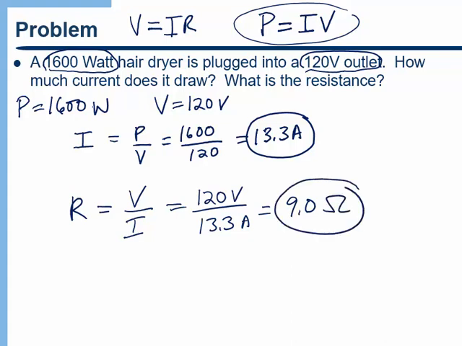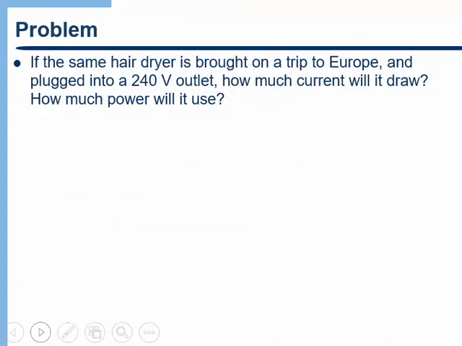All right, we're going to take a trip with our hairdryer. So we take our hairdryer and we take it on a trip to Europe. Now it turns out in Europe, the voltage is not 120 volts at the outlet, it's 240 volts. And that's true of many areas in the world outside of the United States. So it's just a different standard.